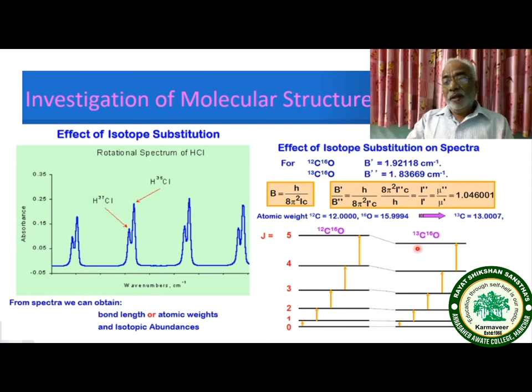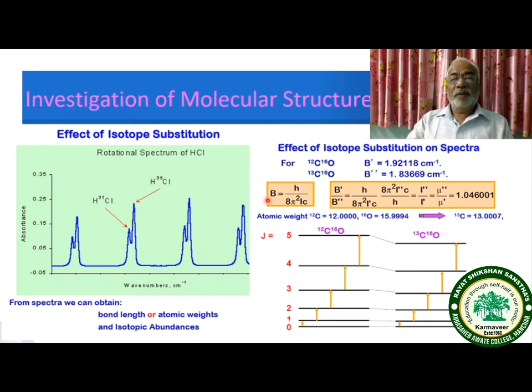So the lowering goes on increasing for higher and higher rotational energy levels. It indicates that the energy difference between the energy states goes on decreasing, and that's why delta E becomes small. As delta E becomes small, the value of the rotational constant becomes smaller.